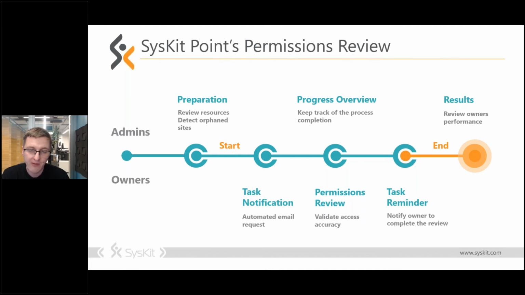And then they have to use Syskit Point to do the actual review, to remove all unwanted access and confirm everything is okay. And once they do it, the admins will be able to see all the changes that have been done and how many of your sites have been secured. And if somebody has not done basically the review, they will be able to send even additional reminders.